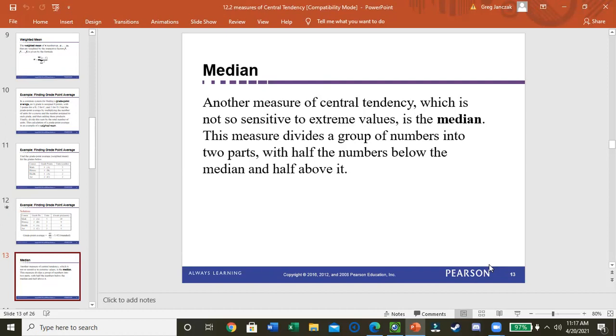And why do we use median? Because we can tell how skewed our data is by comparing the mean to the median.